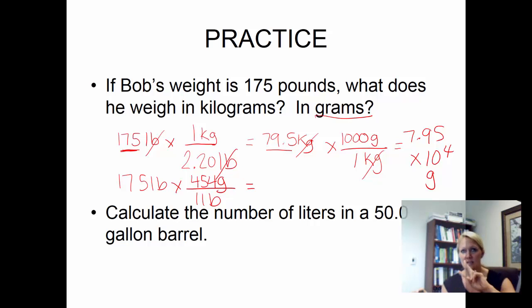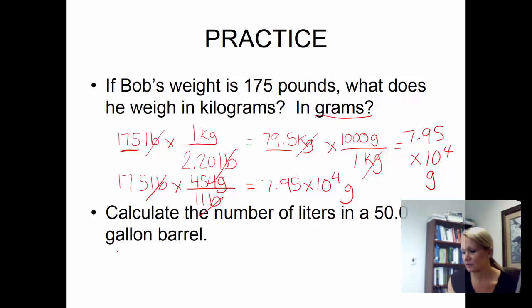I would set it up where grams is on top, pounds is on the bottom, so that they cancel. And you're going to get about the same answer. If you get a little bit different, that's not really error, but they're going to be close enough, depending on how they rounded the conversion factor. So that would be another way that you could go about finding grams.